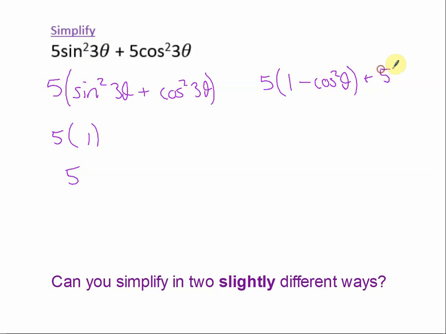And then what I have here is 5 lots of cos squared 3 theta. Sorry, I was meant to put a 3 there. Okay, so if I expand this bracket now, I get 5 minus 5 cos squared 3 theta plus 5 cos squared 3 theta, and you can see that these are going to cancel each other out, and I'm left with 5.